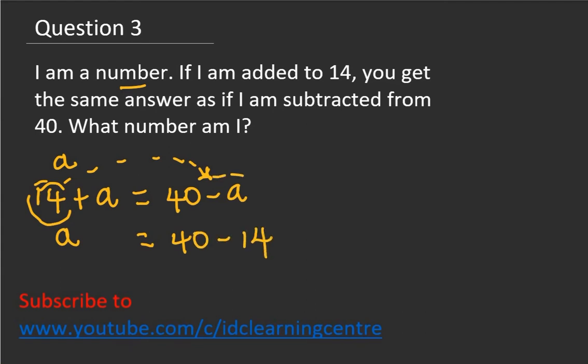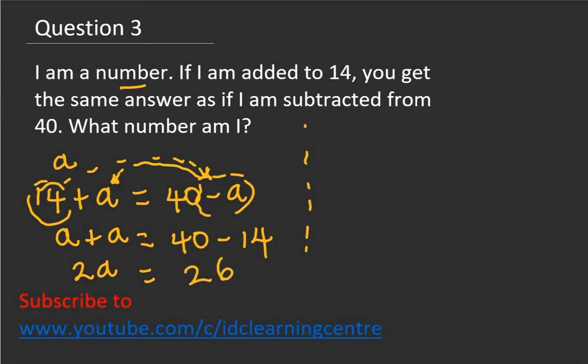Why this minus A? As it crosses this equal to sign to meet plus A at the left hand side, the minus will turn to plus A. Again, for the equal to sign, as plus crosses, it changes to minus, and when minus crosses, it changes to plus. So A plus A will give me 2A equal to 40 minus 14 will give me 26.